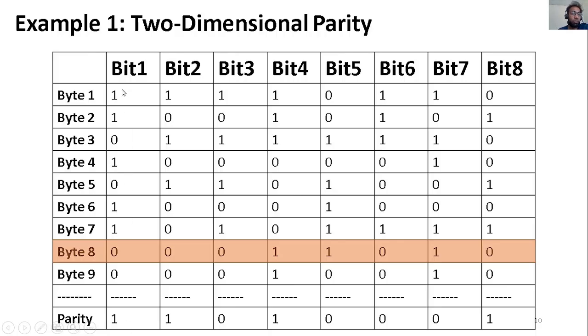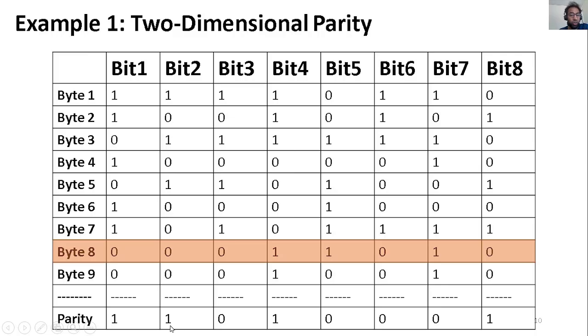Let's count the number of ones in this column. 1, 2, 3, 4, 5. There are 4 bits as 1, 4 ones. So obviously the sixth parity bit will be 1 to complete the 6 bits as an even number of bits. Now in bit 2, we have how many? 1, 2, 3, and there are 3.